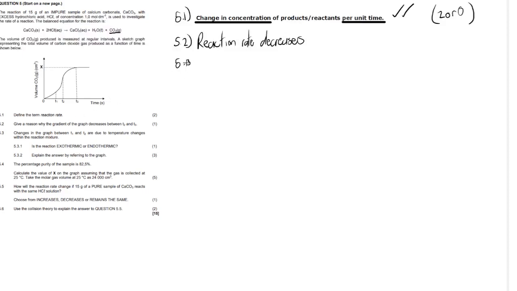Okay, 5.3. That's going to be 5.3.1, 5.3.2. Changes in the graph between T1 and T2 are due to temperature changes. Look at that, temperature changes I mentioned earlier within the reaction mixture. Do you remember how temperature affects reaction rate? Yes, I do. What does an increase in temperature do to the reaction rate?